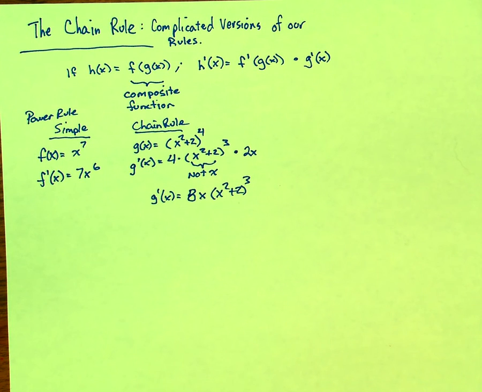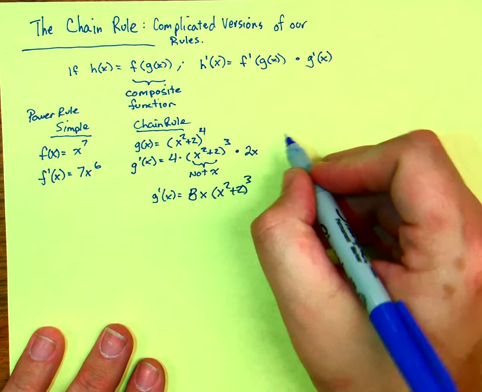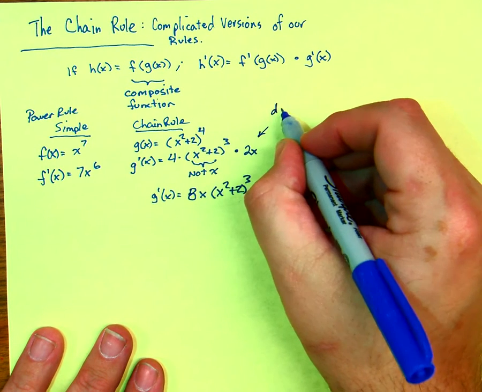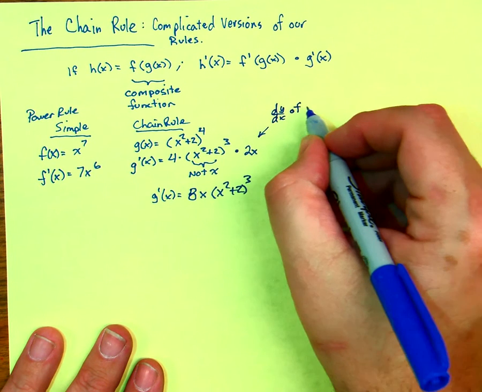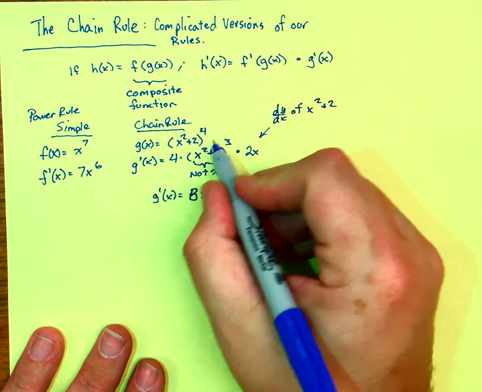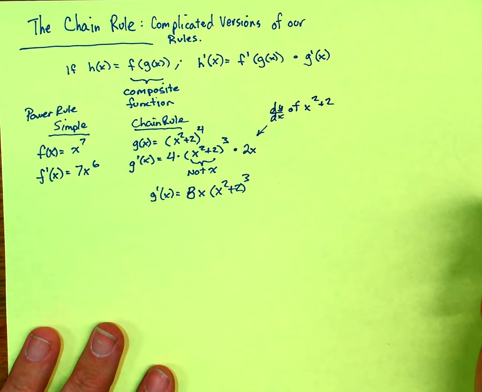Yes? So where do you get the 2x from? The 2x comes from the derivative of x squared plus 2, all the stuff that's on the inside. Why do you multiply by both?